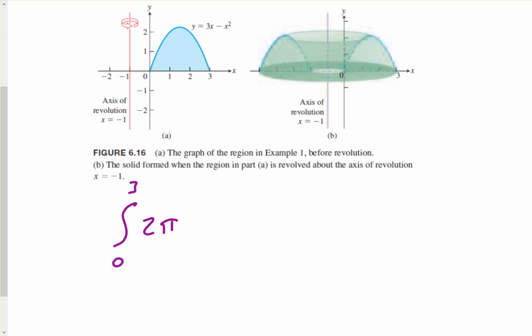Now, as I told you guys before, the radius is 1 unit away from our axis, right? We're spinning about x equals -1. So our radius is going to be x plus 1. And then our function is 3x minus x squared. That's our height with respect to x.